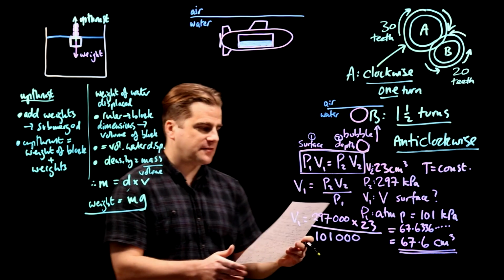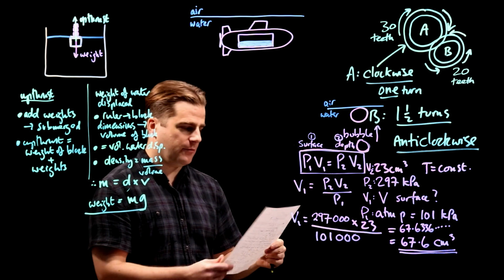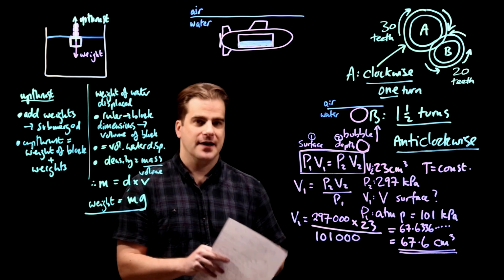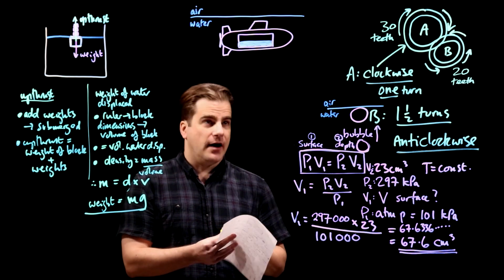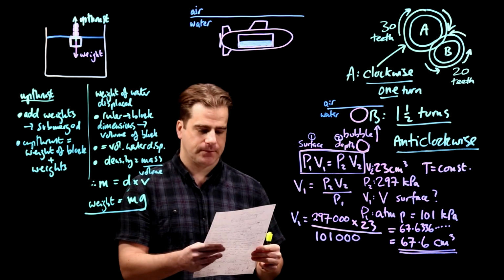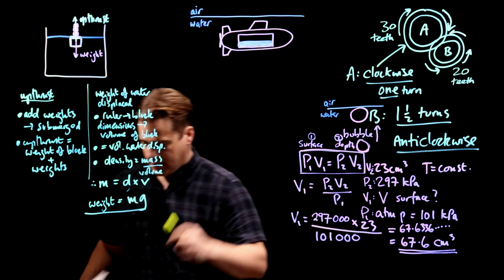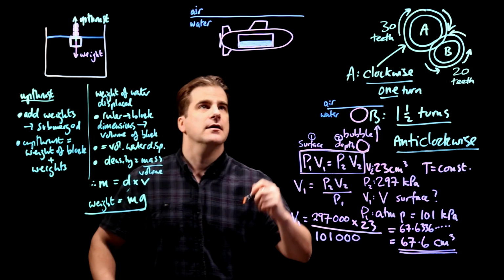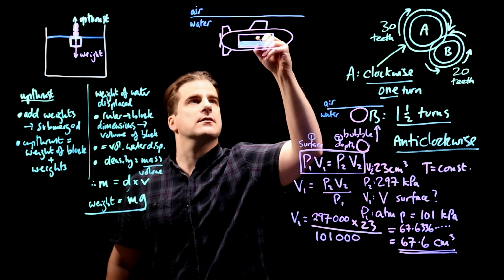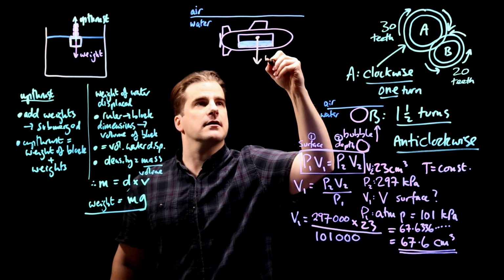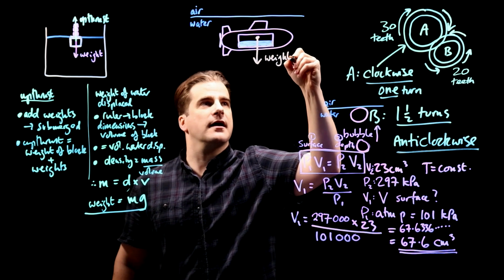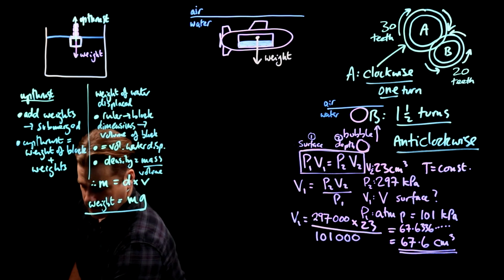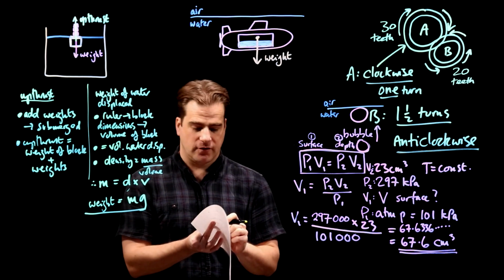Okay, so explain how pumping water into and out of the buoyancy tank affects the depth of the submarine. Okay, 6 marks. All right, so first thing to say, let's label the forces on the submarine, okay? The submarine has a weight, okay? That's trying to pull it down to the bottom of the ocean.